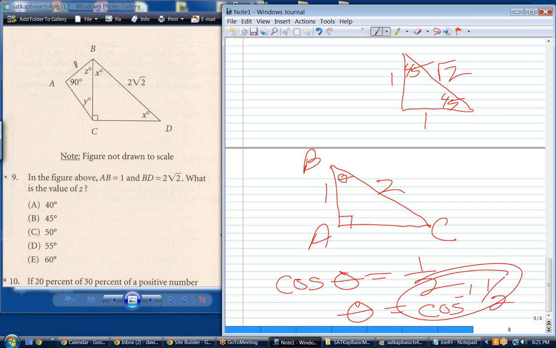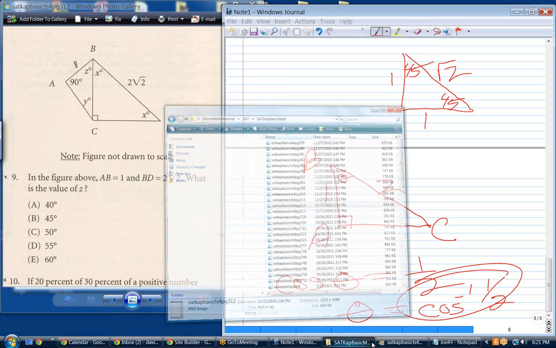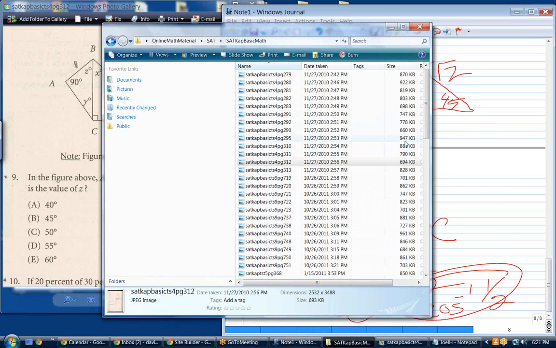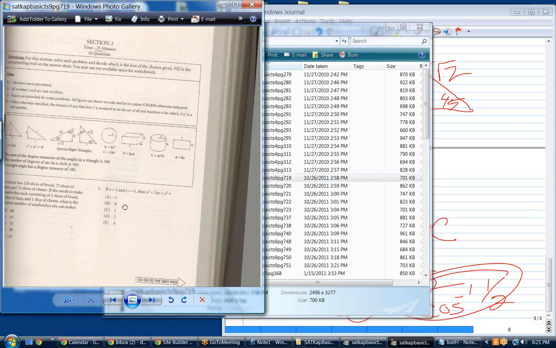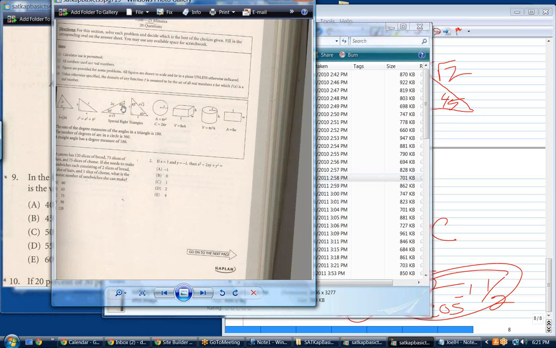But those two triangles are very key, and that's why at the beginning of this, every one, they give you this information. Notice our two special triangles are right here.